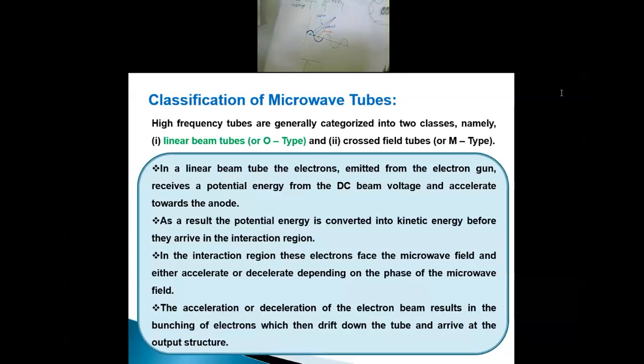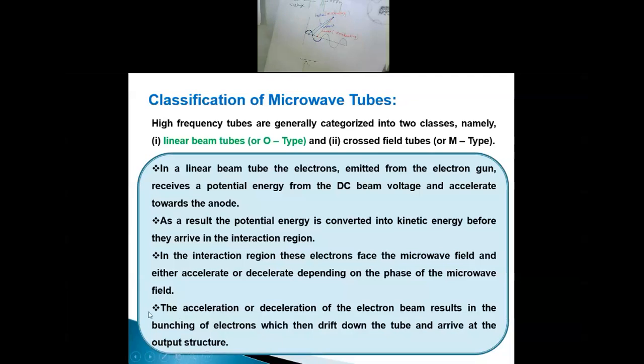Faster is called accelerating, and slower is called deceleration. Accelerating or decelerating, acceleration or deceleration.